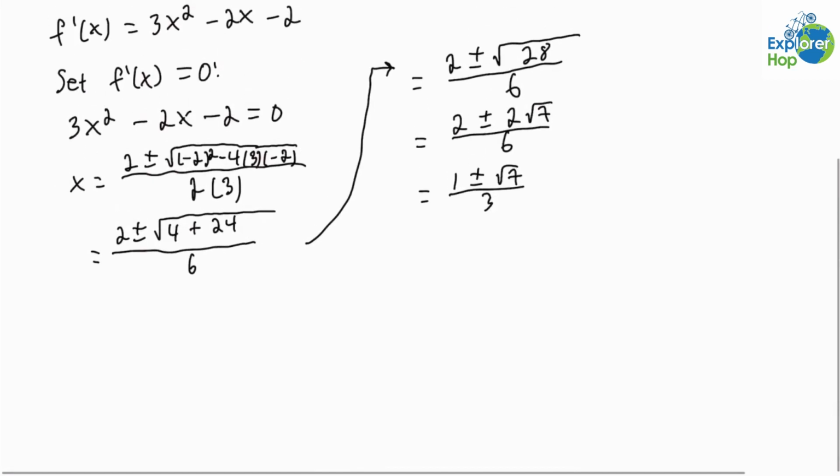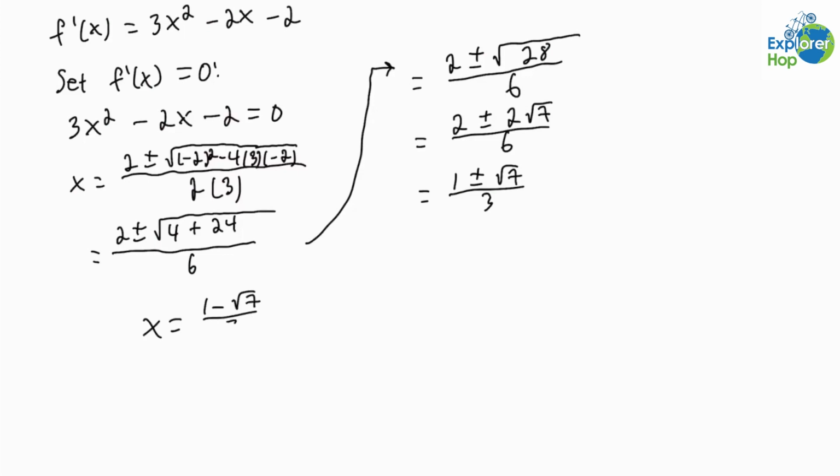So this means that x is equal to 1 minus root 7 over 3, or 1 plus root 7 over 3, which is approximately equal to negative 0.55 and 1.22.